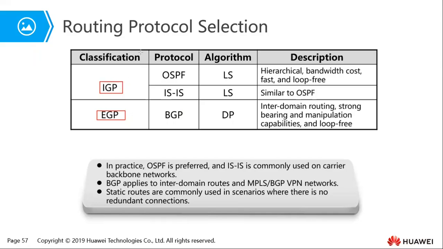Some of the common protocols used within enterprises are OSPF or ISIS, both of which use the link state algorithm. OSPF is hierarchical, meaning we divide into areas. It forwards based on the bandwidth cost. It is fast in terms of convergence, and it is loop free. The same applies to ISIS.